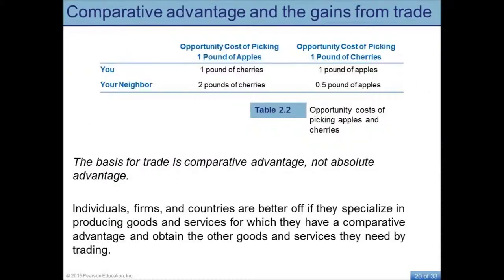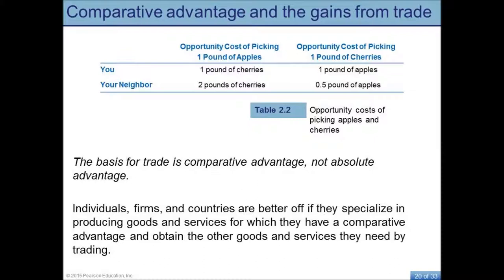So going to slide 20, we see now the actual opportunity costs. If we were to pick just apples, we lose 1 pound of cherries for every 1 pound of apples, but our neighbor loses 2 pounds of cherries. Because remember, they're able to produce 60 as opposed to 30, so they're producing twice the amount of cherries as they are apples. That's why they have an opportunity cost of 2.